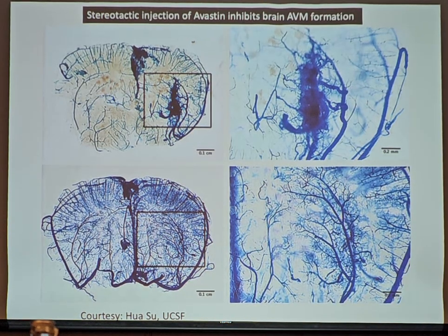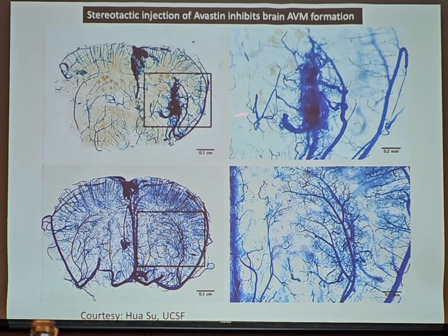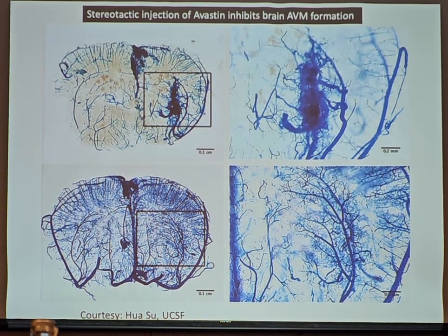And this is a model that has its problems for sure, but at least in this case here, Avastin was injected into this structure and AVMs did regress. A couple of issues that I have with this model, because these structural shunts, they are already there, so I'm not completely sure how the Avastin can actually make them regress, but at least it's an interesting area to work towards.